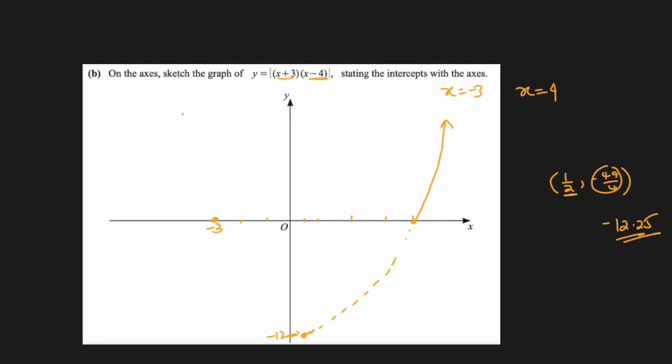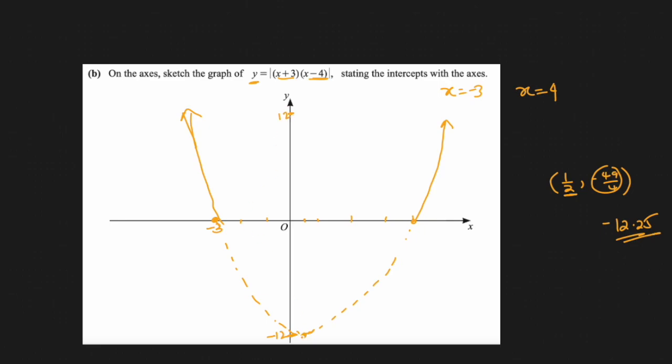And this way. Okay, so I have drawn the positive parts solid and the middle part in dotted line. Why? Because we don't want a negative. Because of the absolute value, all y values will be positive. So this one which is negative will be reflected, and it will be something like, let's say 12 is here.